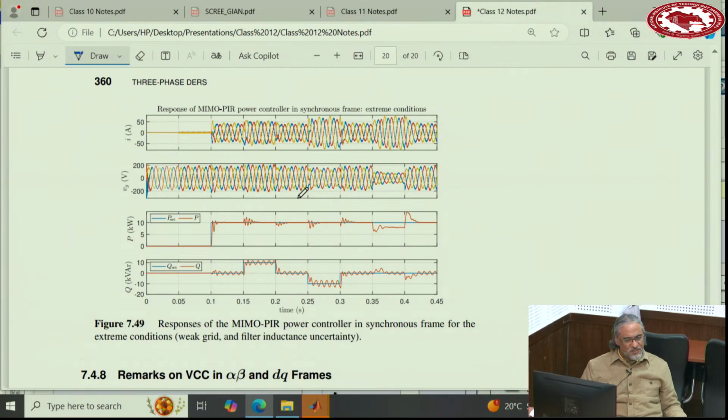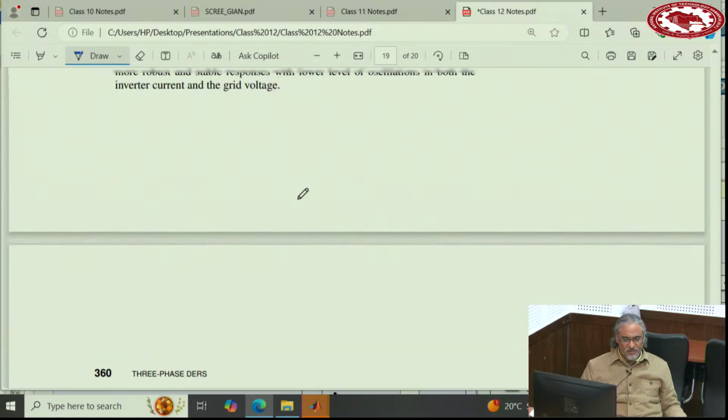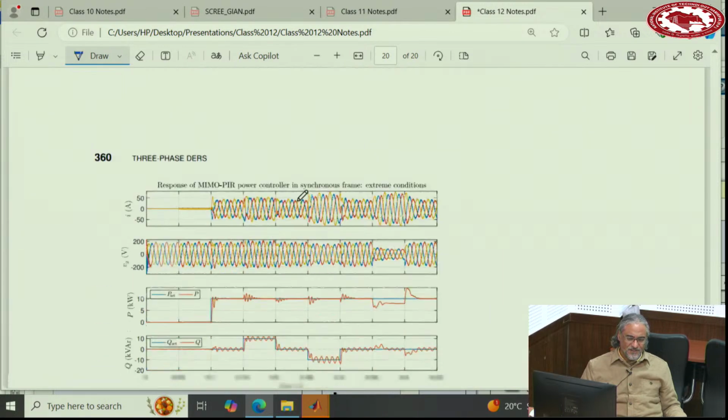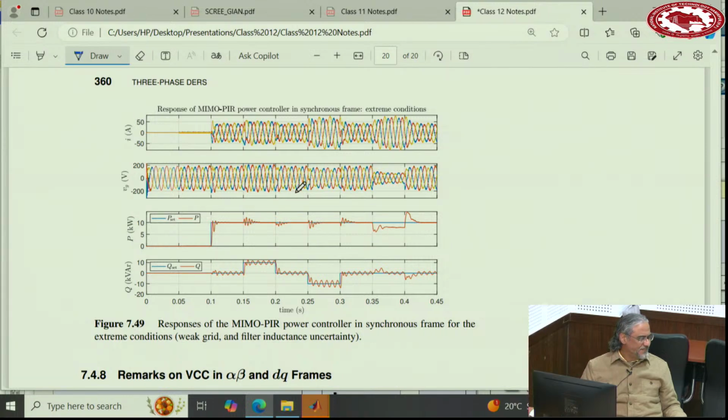You see the oscillations are a little bit lower if you compare this one with this one. Just keep this in mind for a moment, and now look at this one. So MIMO is better. But how much better, you need to define and quantify in a more scientific way, which I haven't done.